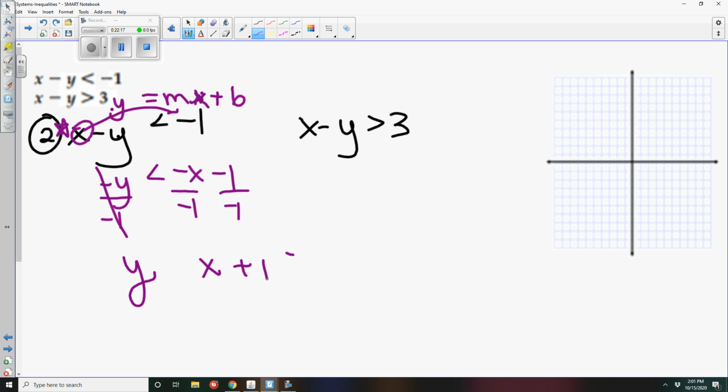You flip the sign when you divide by a negative. Very good. We're now going to say y is greater than. Why do I have to say y is greater than? Because we flip the sign when we divide by a negative. So make yourself a little note right here: if you multiply or divide by a negative, we have to flip the sign.